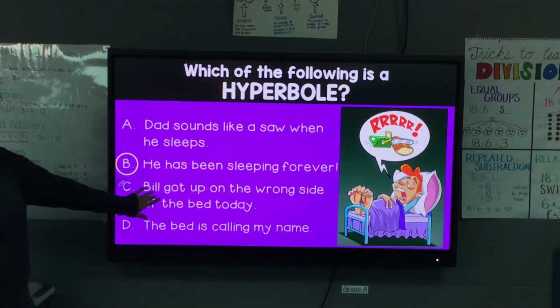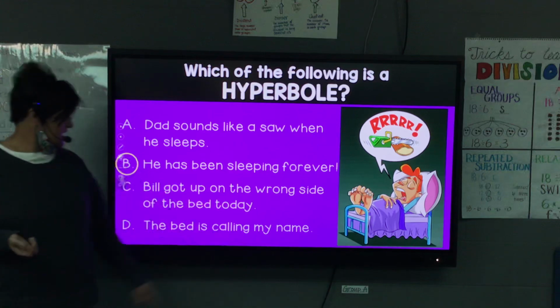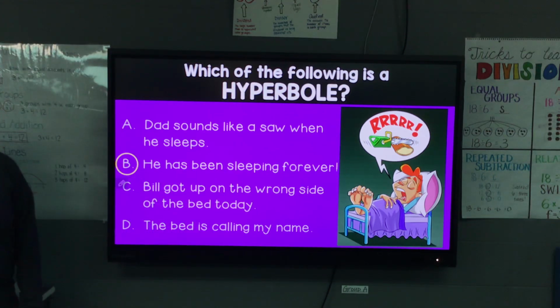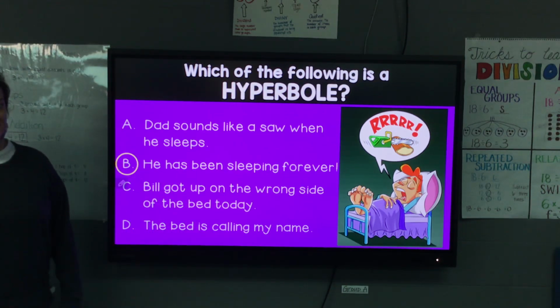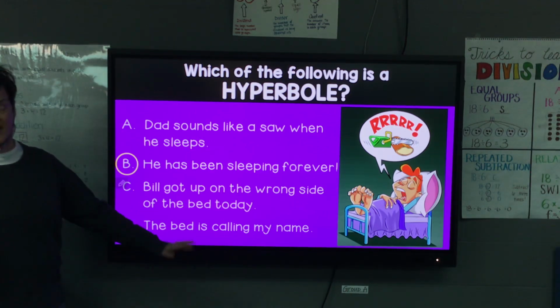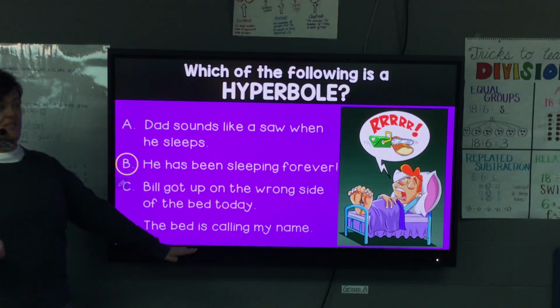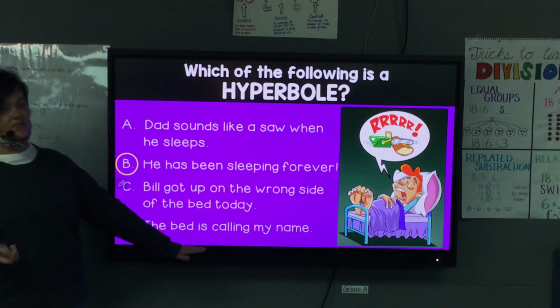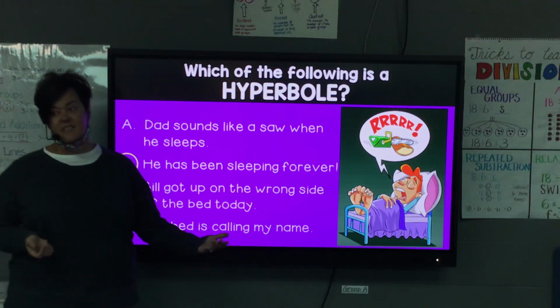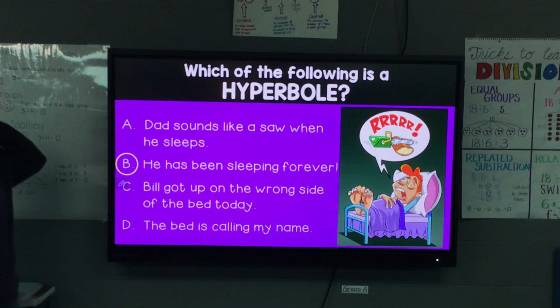We haven't talked about this example yet. Bill got up on the wrong side of the bed today. But we have talked about this kind. The bed is calling my name. It's saying that the bed can talk. So what type of figurative language or literary device is that one? Natalia?